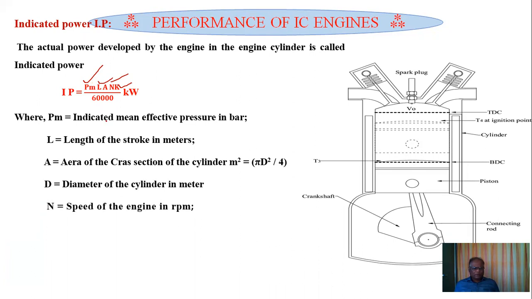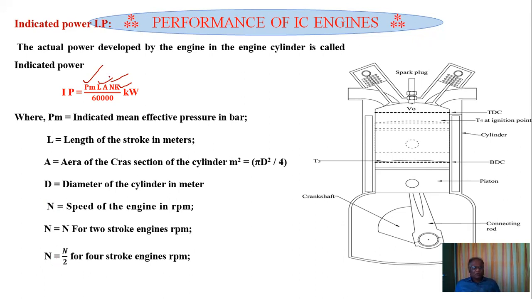Now, to calculate the indicated power, care should be taken. What is that? If it is a two-stroke engine, the speed of the engine will be the same, it will not be changed, because for every revolution in a two-stroke engine there is one power stroke. Whereas in a four-stroke engine, for every two revolutions there is only one power stroke.